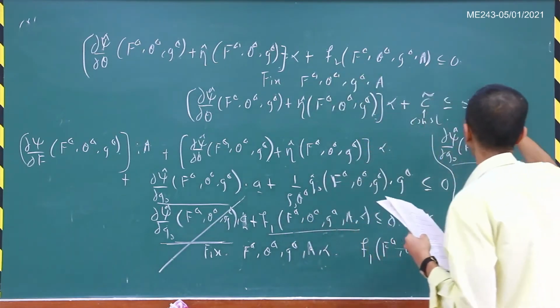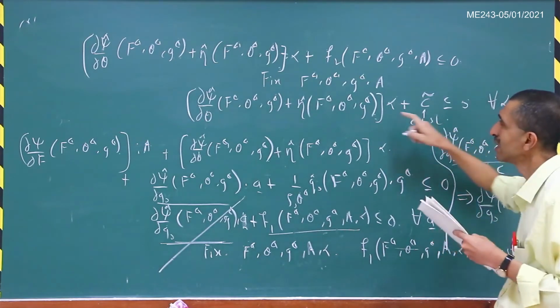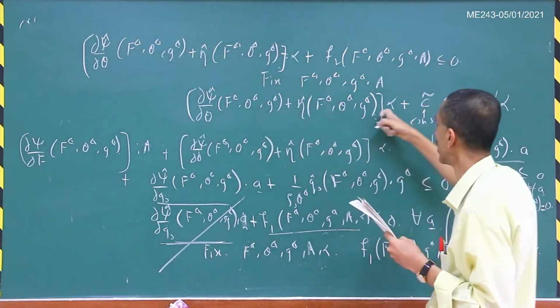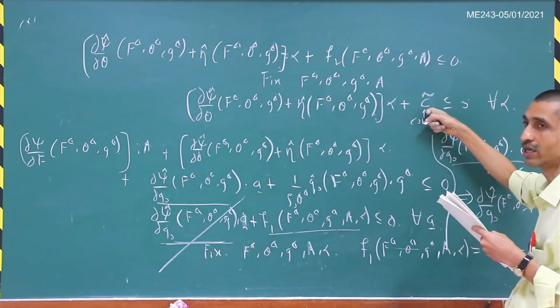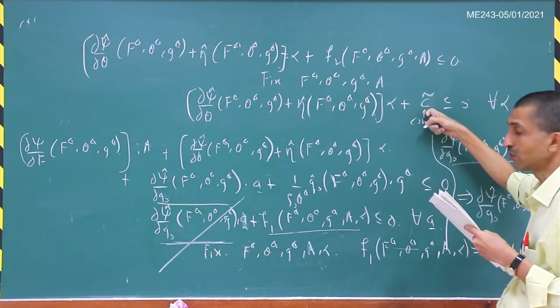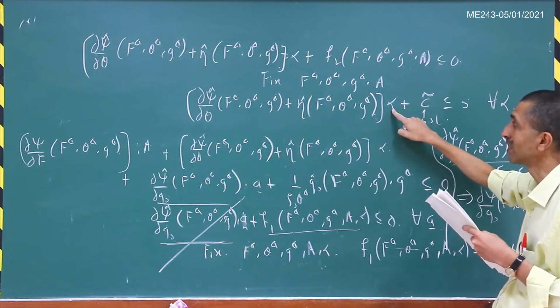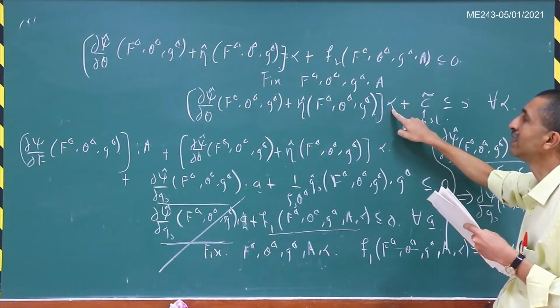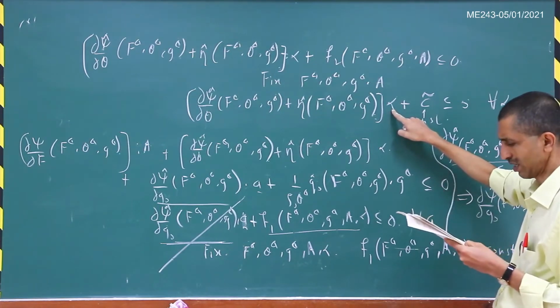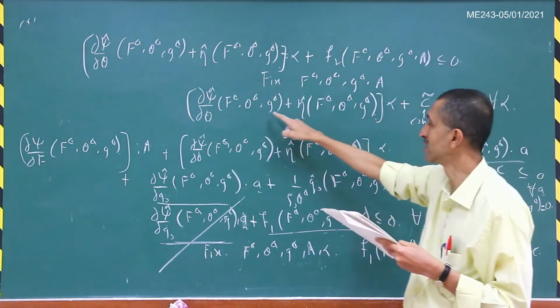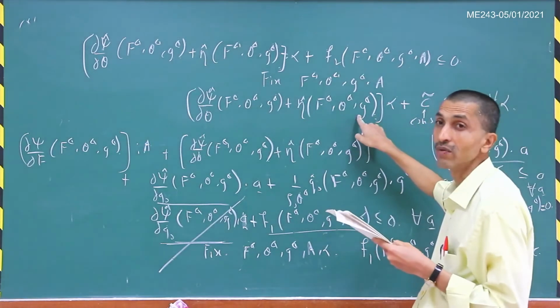So this is some constant now, right? Because you are fixing these things, so this whole thing is a constant. Now this is valid for all alpha. Again, let this particular term dominate this particular term in terms of the magnitude, and then you can switch the sign on alpha because alpha is arbitrary, and so what you will get is that this bracketed term should be equal to 0.